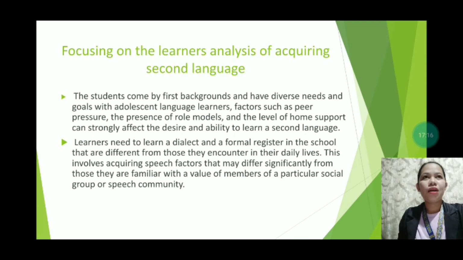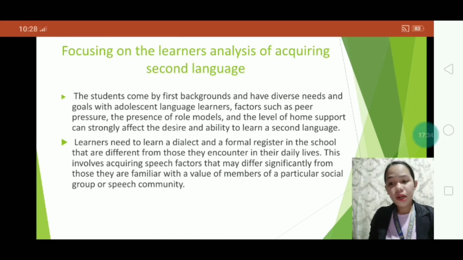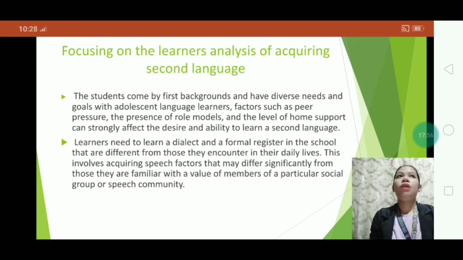Whenever you go out of the box of your life, learning different languages will give you an advantage, especially if you want to go outside of the country. Since English is an international language, you must at least know the background of the language and how to use it, and be able to communicate with other people.